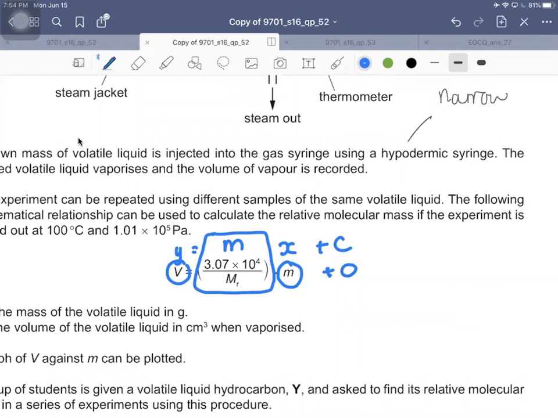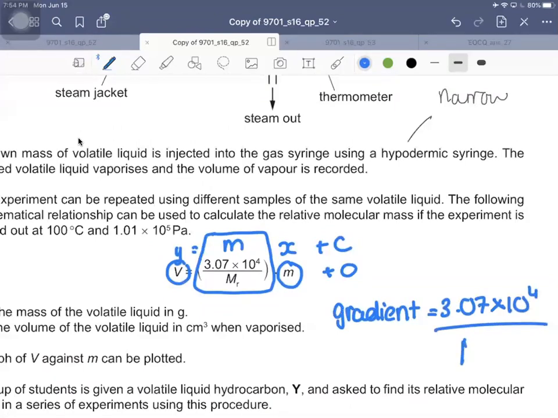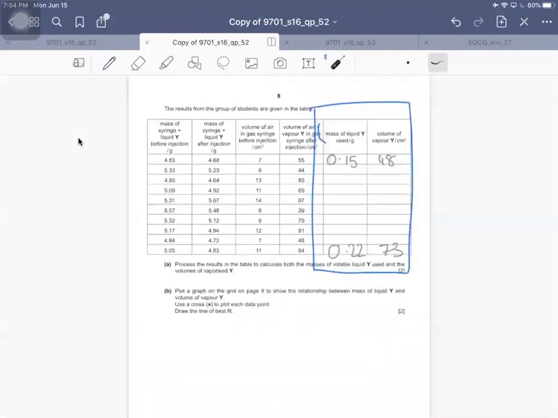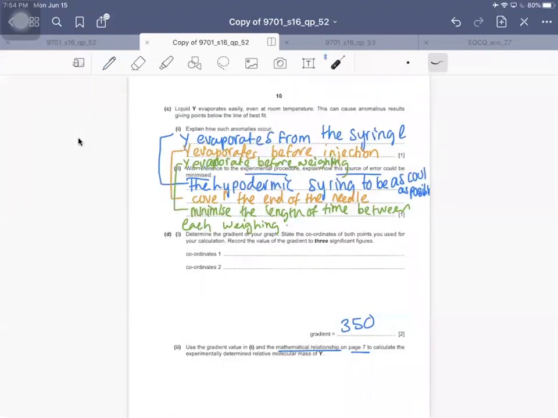Right. So you use whatever your value of gradient is, and then you equate it to 3.07 times 10 to the power of 4 over the Mr. We all have different values of gradient, so you sub in your gradient value and then you work out the Mr. Let me know what sort of Mr you are getting.